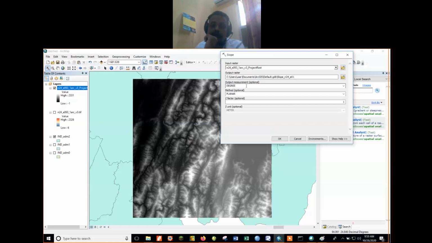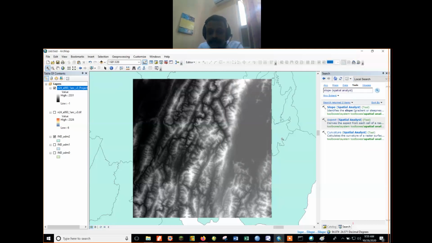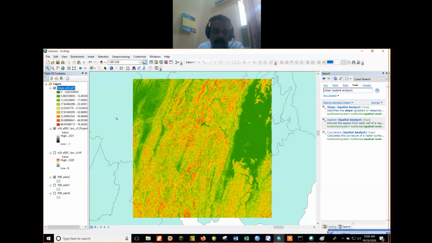Then the output measurement, you see now it is in degrees. That means how many degrees of slope that particular pixel has. Everything else remains as it is.